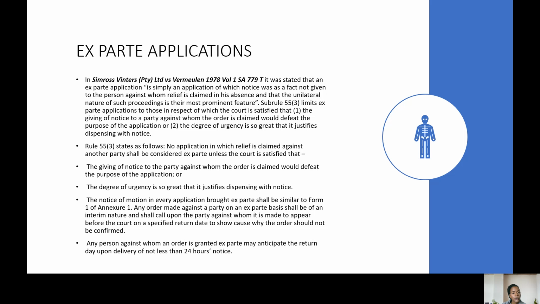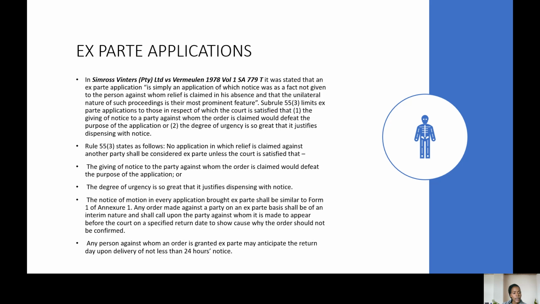Subrule 55, subsection 3, limits ex parte applications to those in respect of which the court is satisfied that giving notice to a party against whom the order is claimed would defeat the purpose of the application. The degree of urgency is so great that it justifies dispensing with the notice.